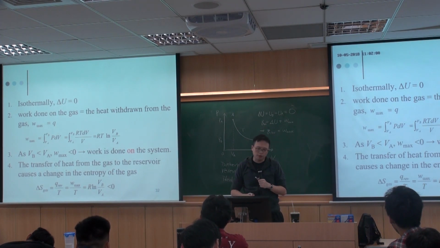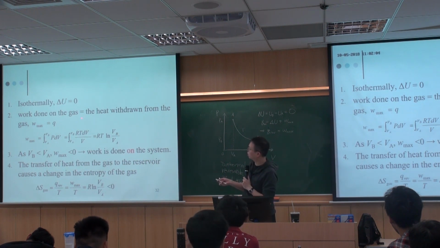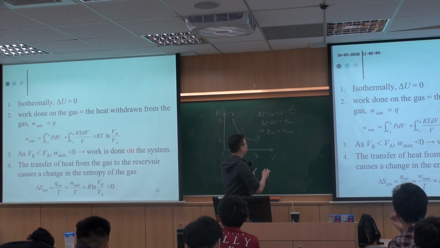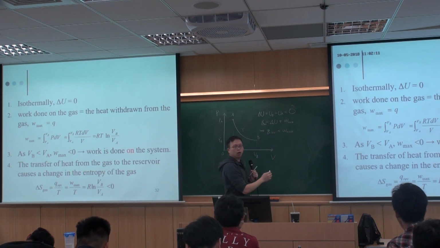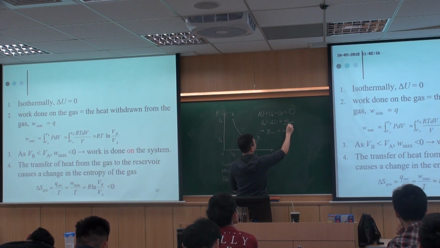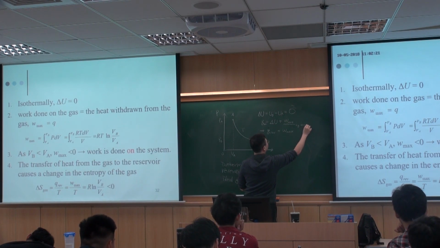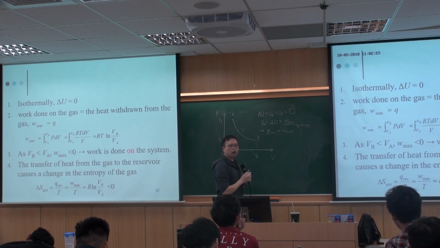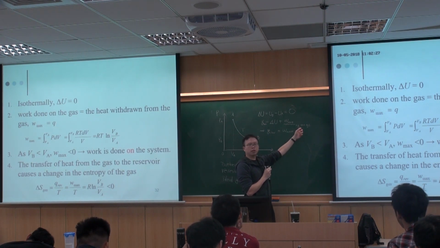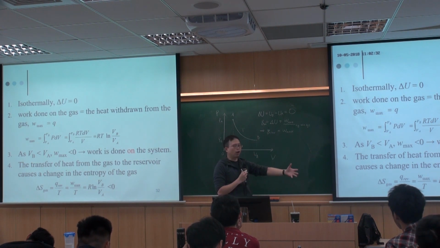And actually, for most cases, I don't need to know if this is work done on the system or done by the system. If you write down your first law like this, like I mentioned many times, if you have a plus sign, we know that this is the work done by the system, right? So if after calculation you have this as a positive number, you know that the system is doing some work on the surroundings.